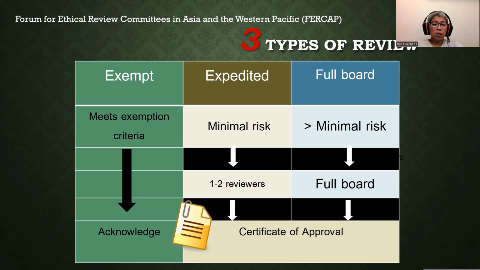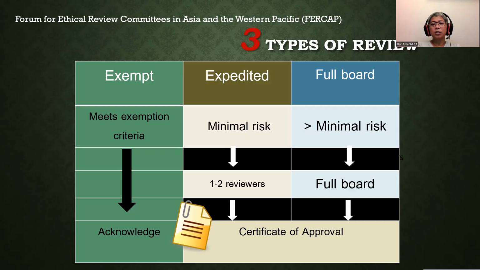While there's also a middle ground, called the expedited review, when risks are minimal. So there are different definitions of minimal risk, right? And the daily life standard is probably the most famous gauge of what minimal risk is.